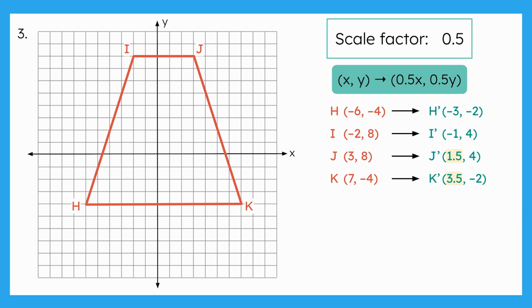Sometimes when I'm calculating coordinates and I see a decimal value, I wonder whether my answer is wrong. But decimal values are totally fine. A value like 1.5 is exactly halfway between 1 and 2, so the point 1.5, 4 won't go exactly on the corner of the grid lines, but rather right in the middle of the x values of 1 and 2. Here's what the graph of the image looks like.